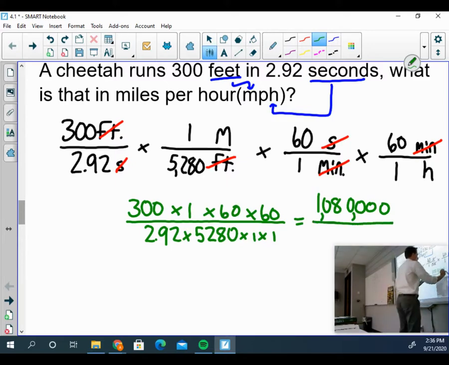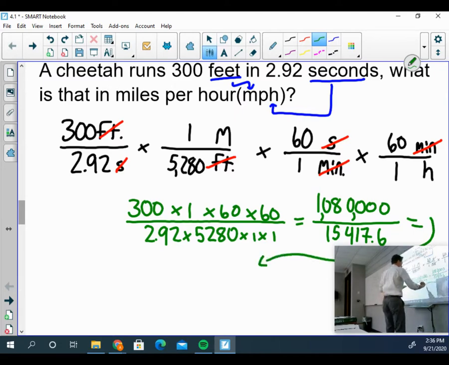When I do 2.92 times 5,280, I get 15,417.6. If I divide those two numbers, I get 70.05, and that's rounded.